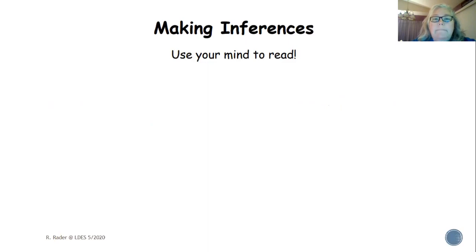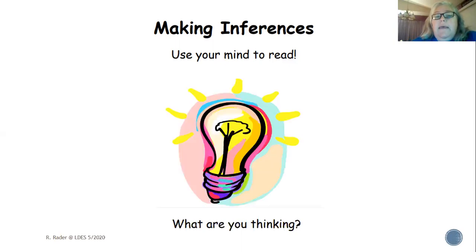So making inferences, you use your mind to read. When you read something, you've got to use your mind. It's basically asking you, what are you thinking when you're reading? And what we're using today is that light bulb. That light bulb comes on and it's like, oh yeah, that's what they were talking about. So every time you see the light bulb in today's lesson, that's going to be Miss Rader thinking, okay?